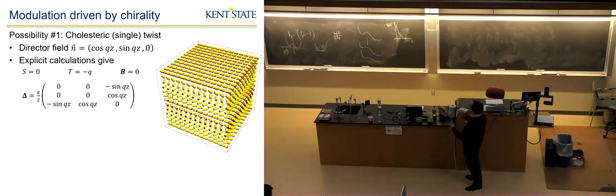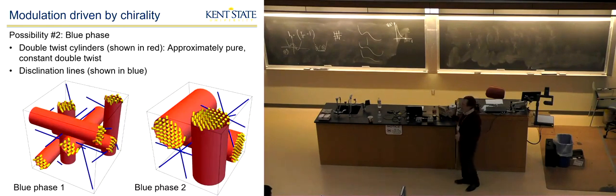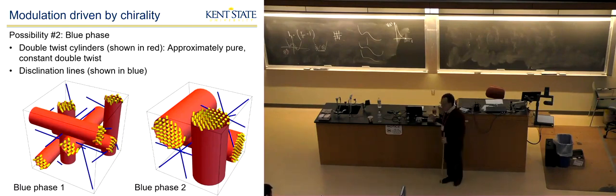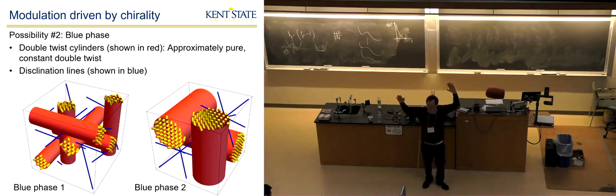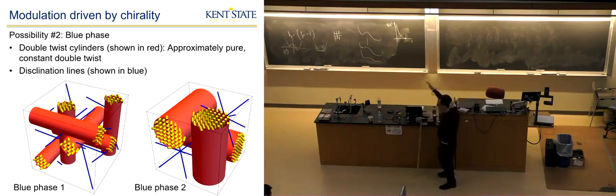That's one possibility. This is the most common thing that chiral liquid crystals do. But another thing that chiral liquid crystals also sometimes do is to make a blue phase. A blue phase is a more complicated kind of structure where there are double twist tubes. That is to say, tubes where the director does approximately this pure double twist. Not exactly, but pretty close. That works going out a certain finite distance from the center of the tube.